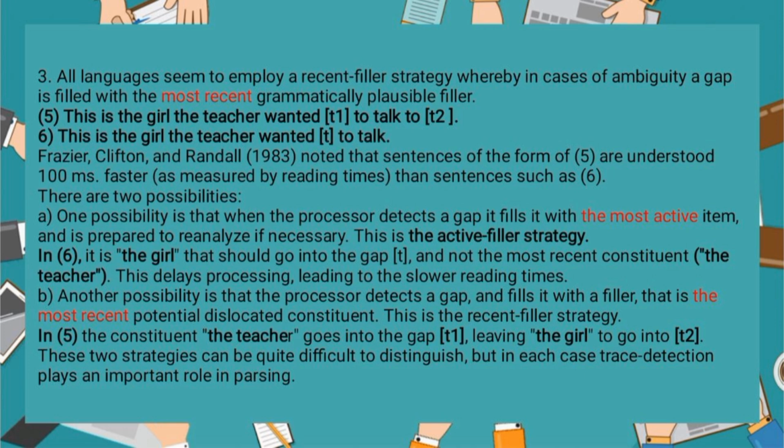In 6, it is the girl that should go into the gap, and not the most recent constituent, the teacher. This delays processing, leading to the slower reading times. Another possibility is that the processor detects a gap and fills it with a filler that is the most recent potential dislocated constituent.